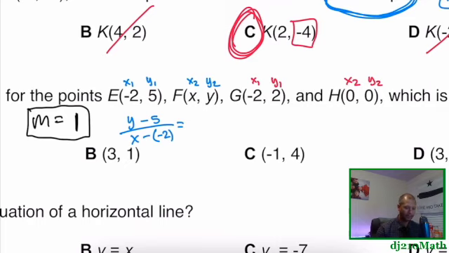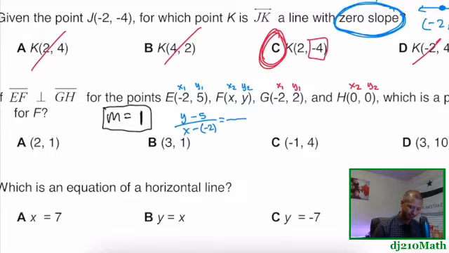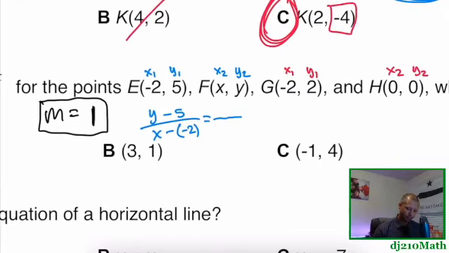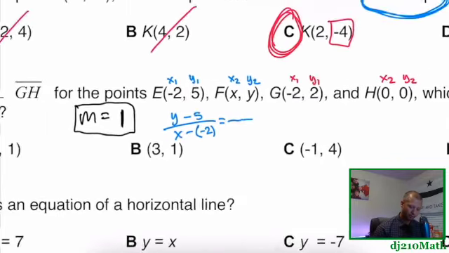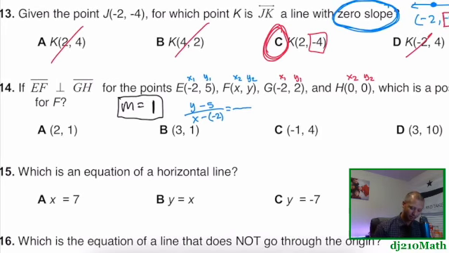So all we did was plug in the points into the slope formula for points E and F. Now, for this to have slope 1, the top number and the bottom number need to match. Technically, there's infinitely many numbers we could choose from that would make this work. So let's just start testing our answers.